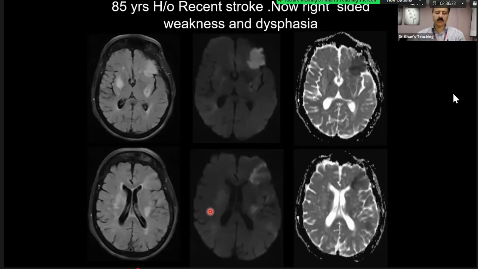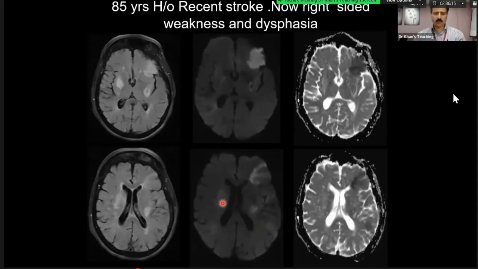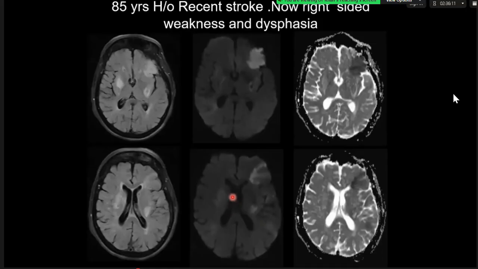I want you to describe this area for me, just this one, where I'm pointing out. Okay, so there's a DWI brightness around the right lentiform nucleus. Is it the lentiform nucleus? We are slightly superior to that level. If you see, this is the body, so it will be the corona radiata.